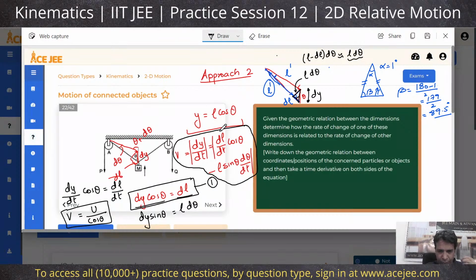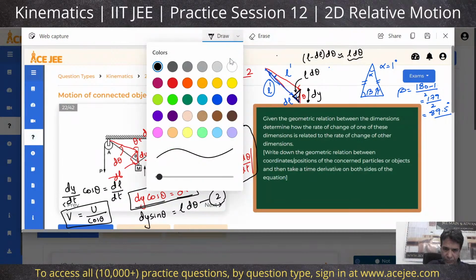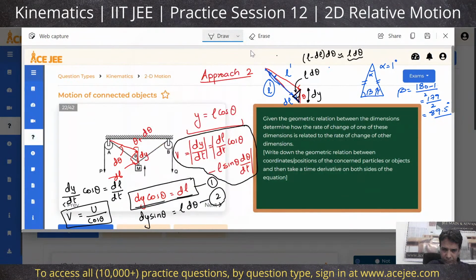On the right hand side, we want to convert everything in terms of dl by dt, right? So how do I connect dl by dt? Let's look at this equation. If I look at these two equations, 1 and 2, let me divide them. So what do we get?